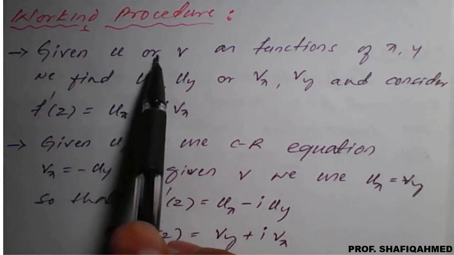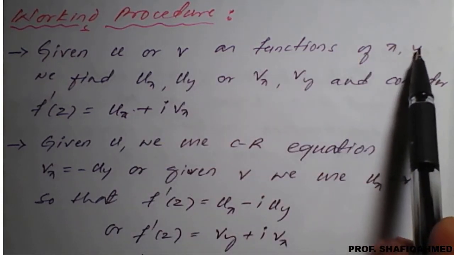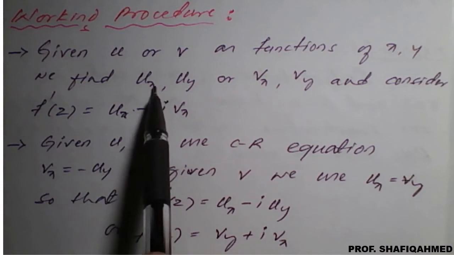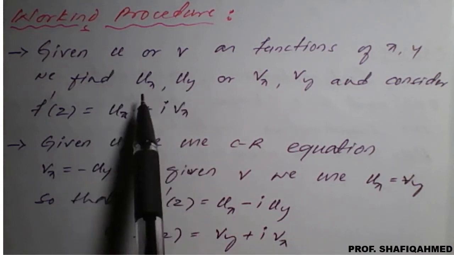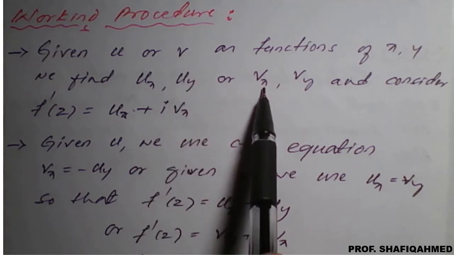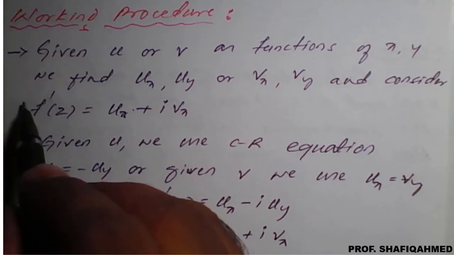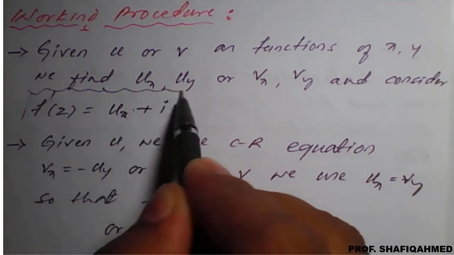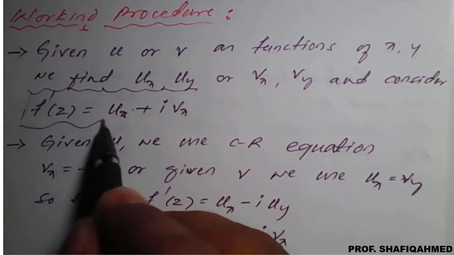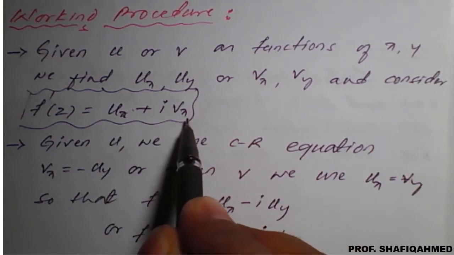So given u or v as functions of x, y, we find ux, uy. If they have given u, we need to find ux and uy. If they have given v, we need to find vx and vy. And consider this equation: f dash of z is ux plus i times vx.